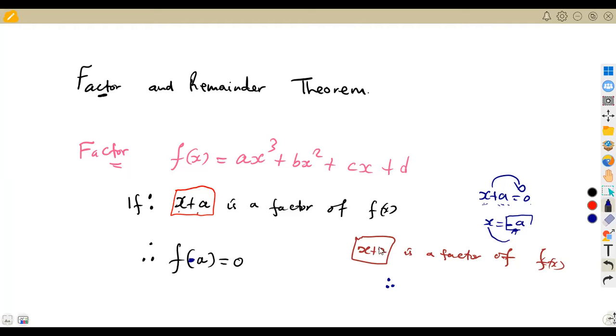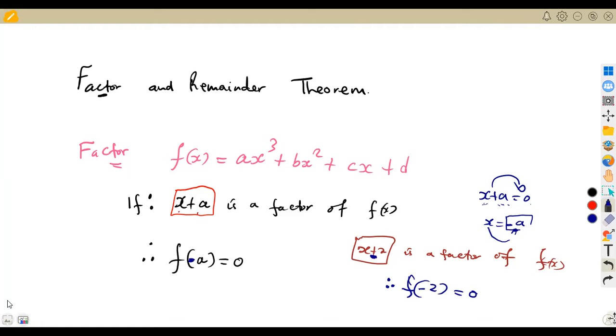So here we are saying if x plus 2 is a vector, then our final say is supposed to be f of minus 2. Positive 2, negative 2. So f of minus 2 must be equal to 0.